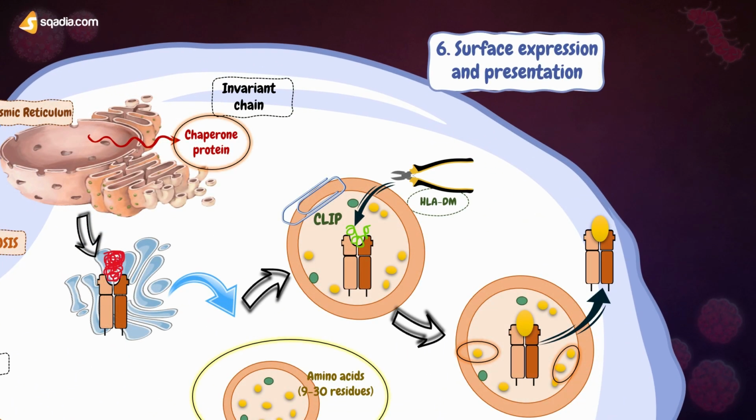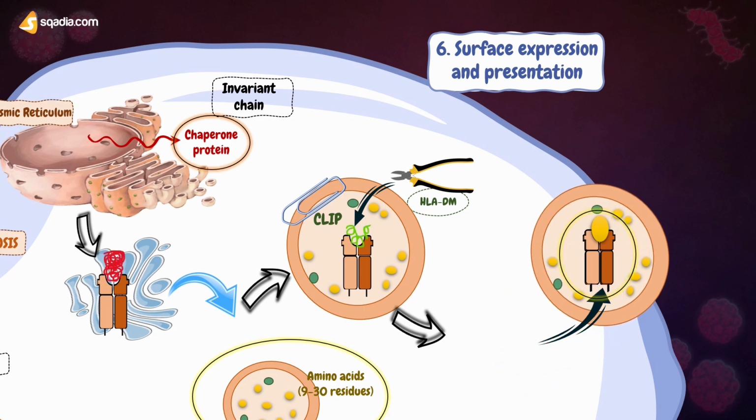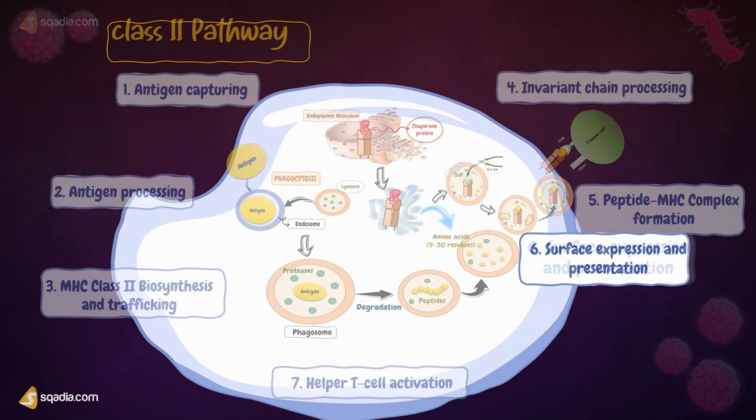So, we name this step surface expression and presentation. So now, the peptide-loaded MHC Class II molecules are transported from the endosomal compartments to the cell surface by fusion of the vesicle with the cell surface membrane. Then on the cell surface, the peptide MHC Class II complexes are exposed, allowing interaction with helper T cells.